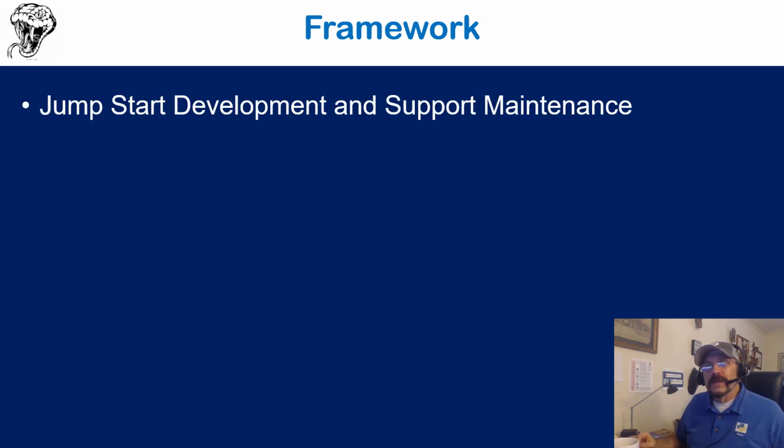A framework is something that gives you a jump start in your development and in your maintenance. Now the development is the key thing. You want to build something. In this case, we want to build a web app. A web app has certain unique requirements that don't necessarily fit other applications. For one thing, it's going to communicate between a client machine and a server using the HTTP or HTTPS protocol.